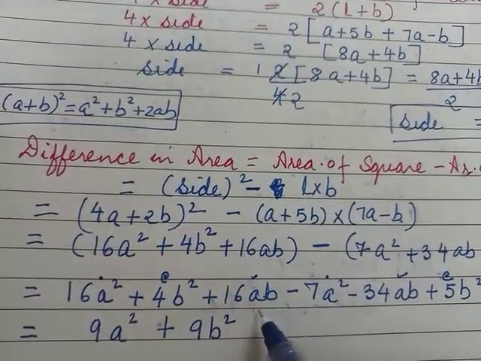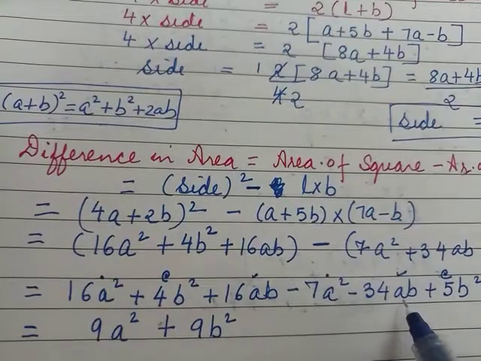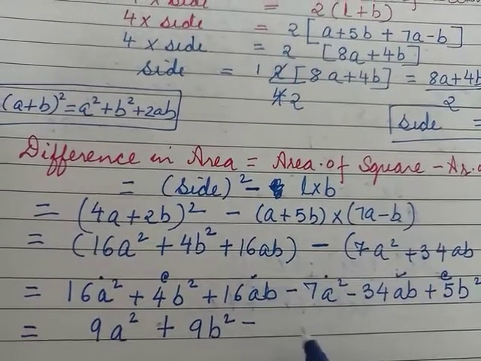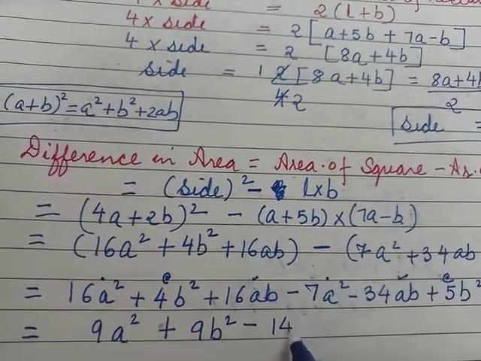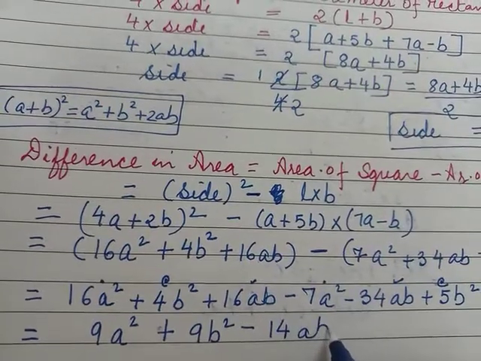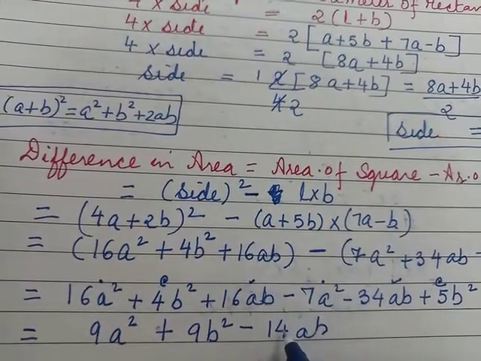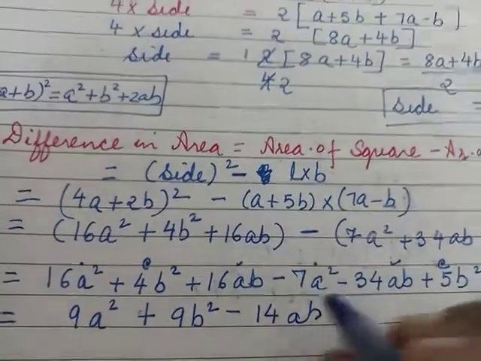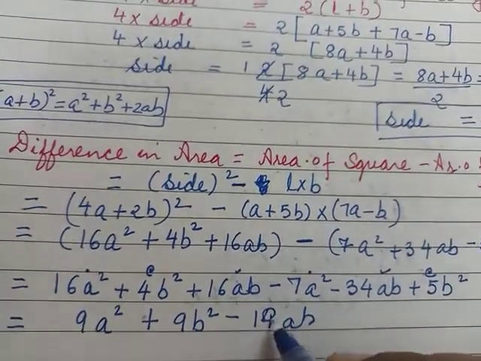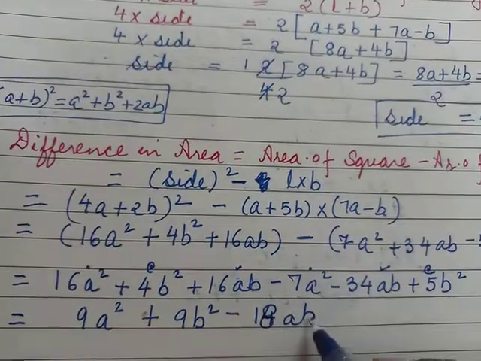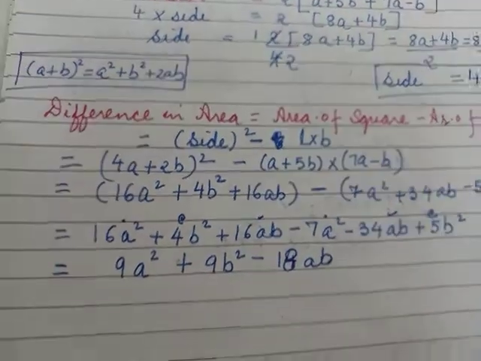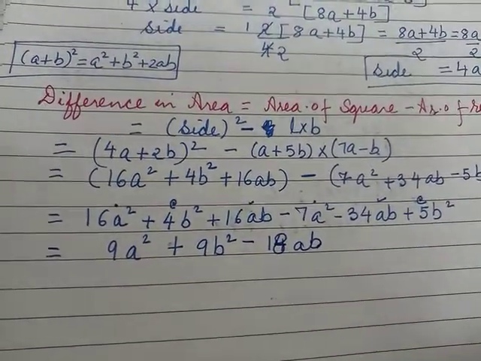Plus 16AB minus 34AB will give you minus 14AB. Not 14, sorry, it's 18AB. So this way we have found the difference.